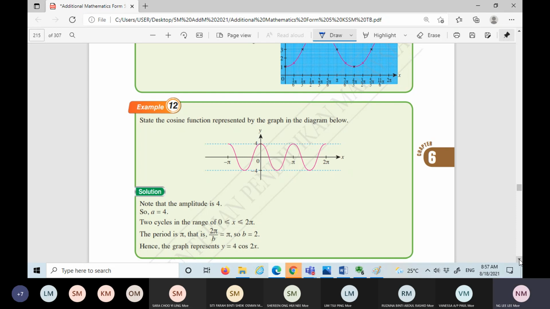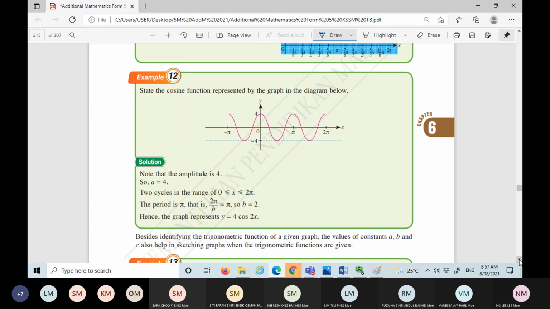Look at example 12. This one is answer questions, not sketch the graph. So you can go through this example 12 very fast. State the cosine function represented by the graph in the diagram below. This one they give you the graph and you have to state the function. This one we do another time.